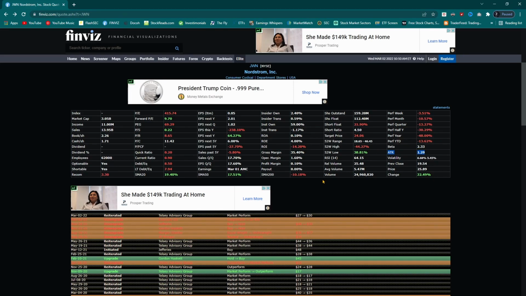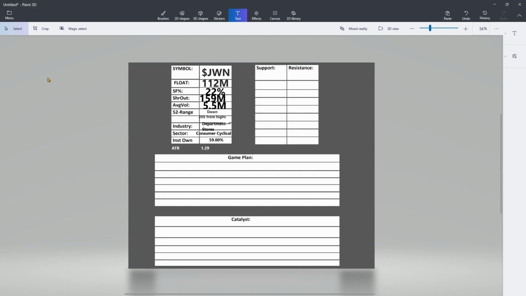Other key things that you could add if you wanted: optionable, yes; shortable, yes. You could add in stuff like this, because not all stocks are optionable, especially in large or small cap land. A lot of small cap stocks, usually most of the time, are not optionable, and they're not even shortable as well. So another key statistic that you could add is something like easy to borrow, ETB.